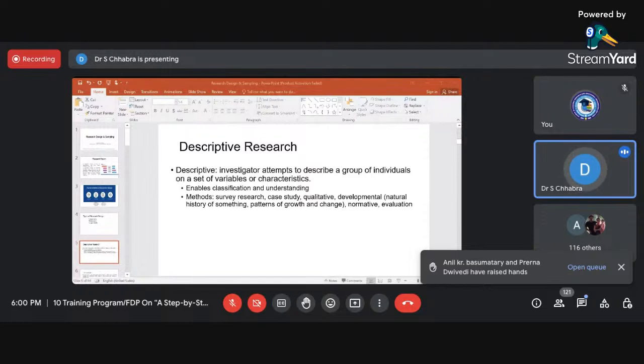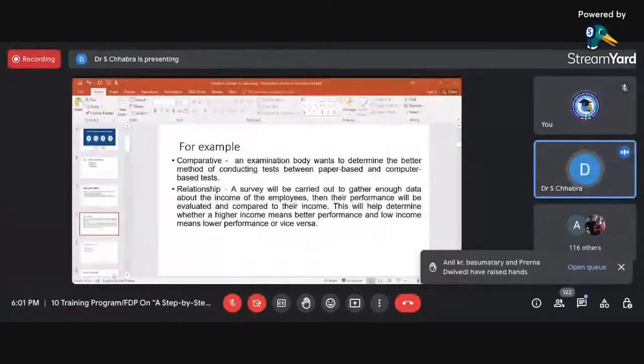Any such study would have a descriptive design. You are trying to describe the situation, the ground reality, anything like that.